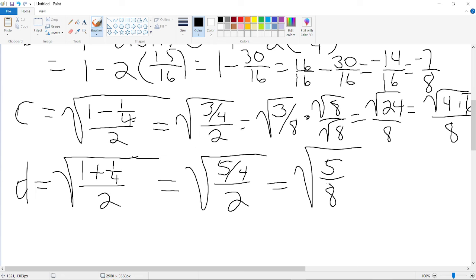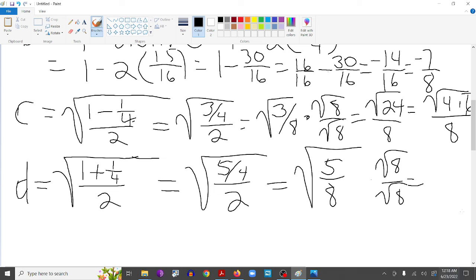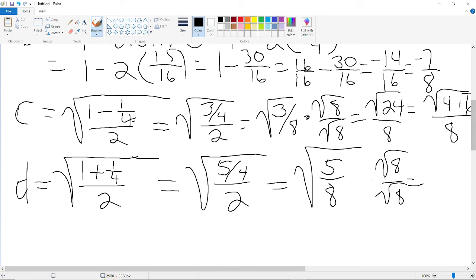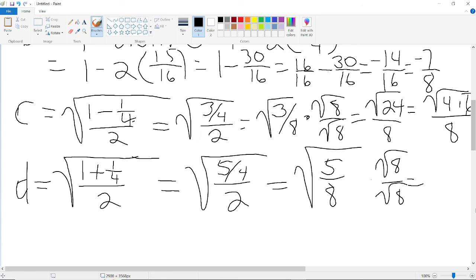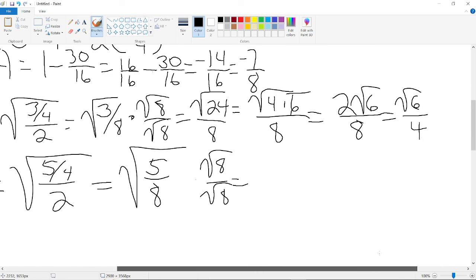And again, maybe you can put it just like that if you want to rationalize the denominator. I'll do it on this one because it comes out pretty simple. I don't do it on some other ones because it gets pretty complicated. So 5 times 8 is 40, so that's the square root of 40 over 8.